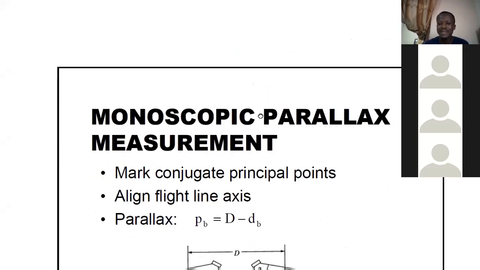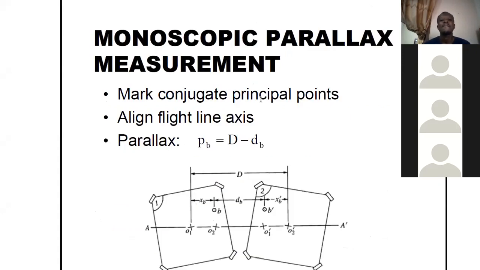Monoscopic parallax measurement. That means that I'm measuring parallax without considering the two photographs at the same time. So it's like a manual way of calculating parallax. I'll measure the distance between two photographs, and then I'll subtract the separation between any two points that appear on the two photographs, and then I'll have the parallax of the point. As you can see on this diagram, this becomes the parallax D minus DB.